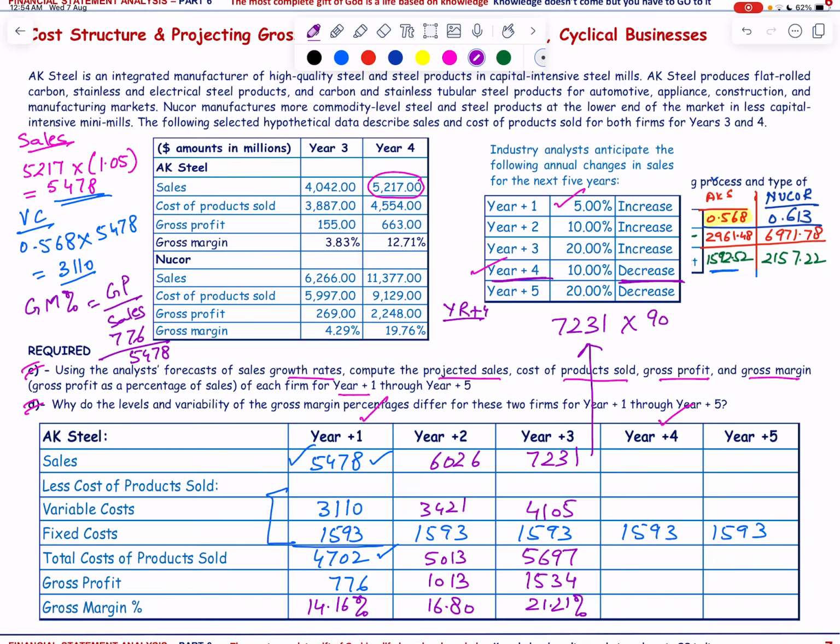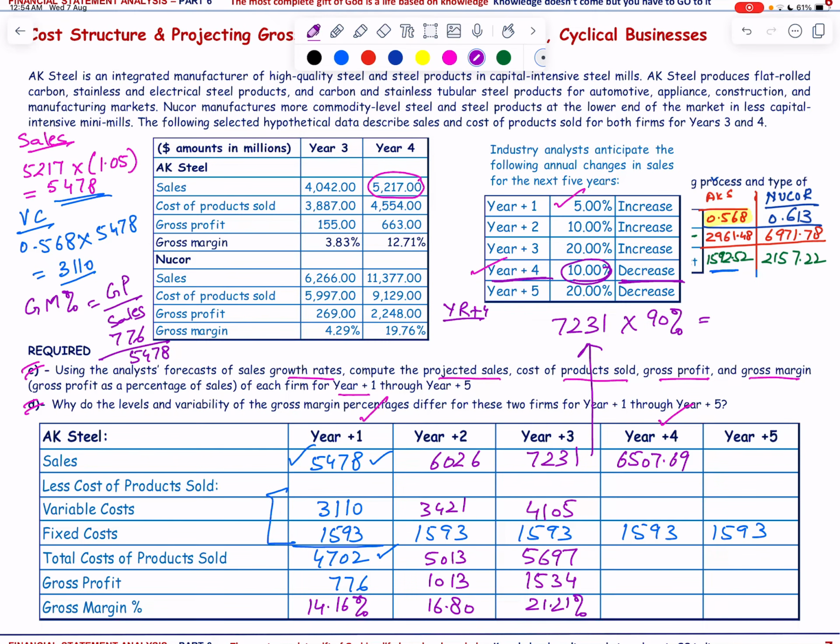Why? Because there is a decrease of 10%. So 90% times 7231 is equal to 6507.69.